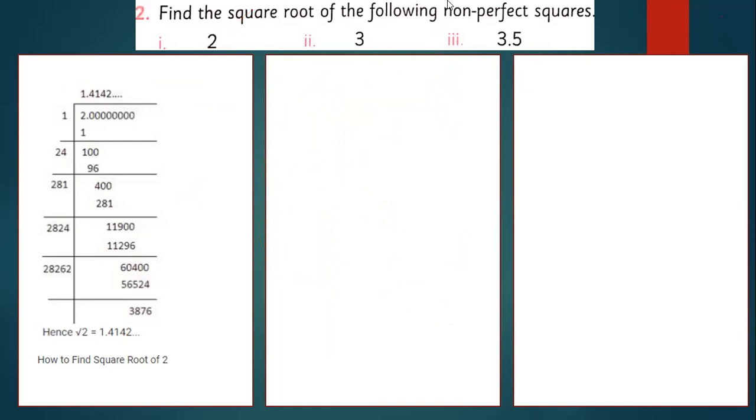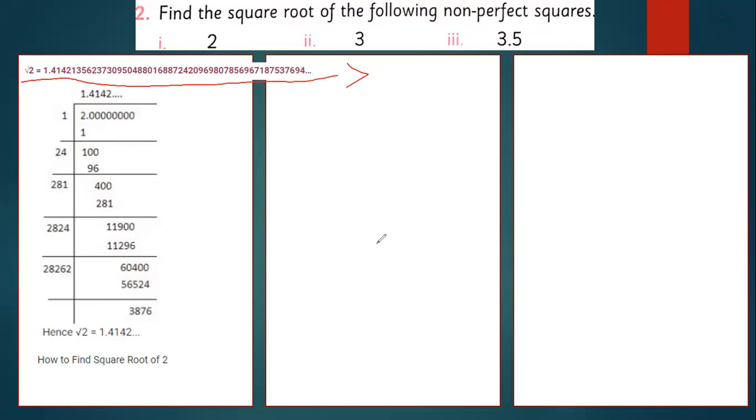Now the square root of 3. Now finding the square root of 3. So you see, when you find the square root of 2 here, that is equal to 1.4114. So this will answer you like this, and this is still increasing.